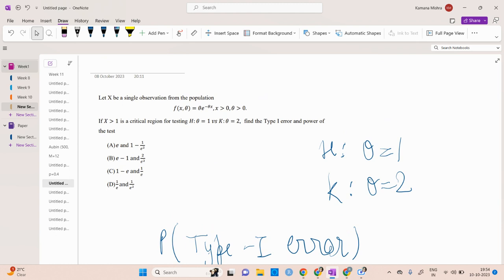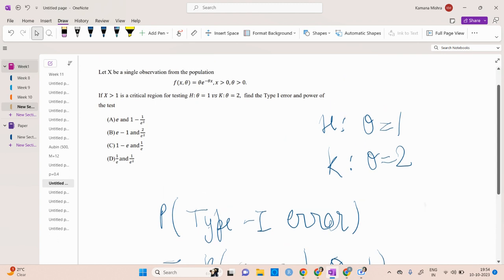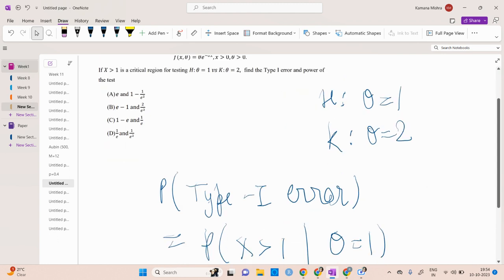So this is h, and this is k. Then how do we find the power of the test? I have already written the type 1 error.